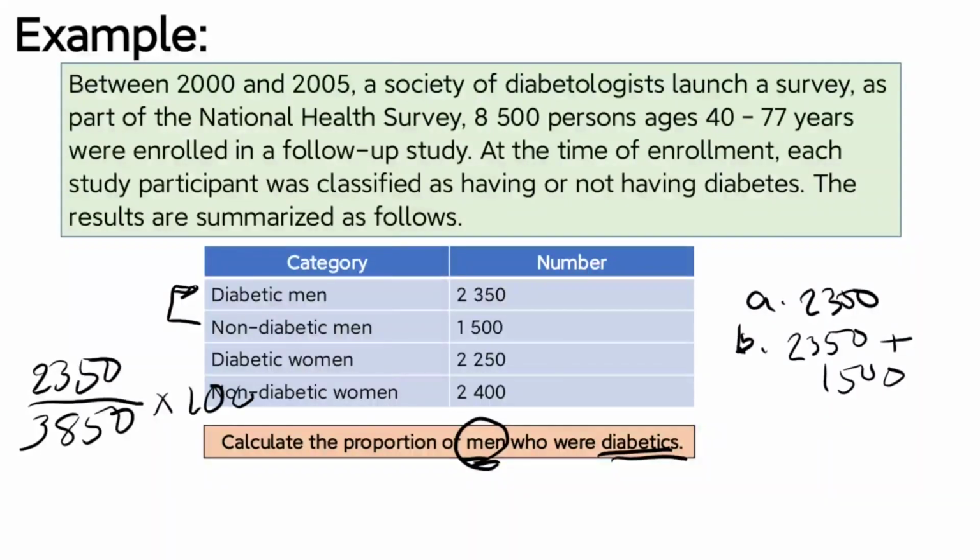multiplied by 100. So the answer is 0.61 multiplied by 100, that is 61. Okay?